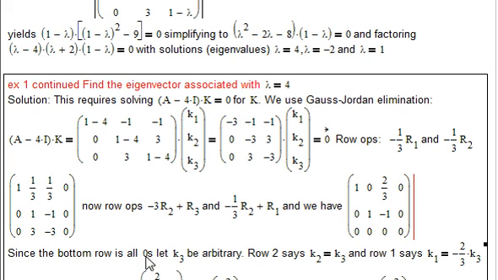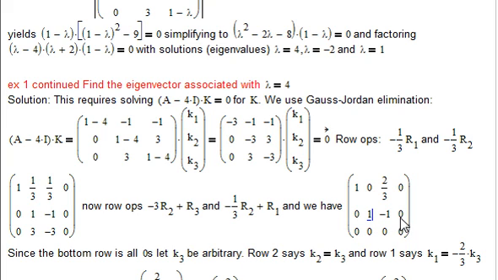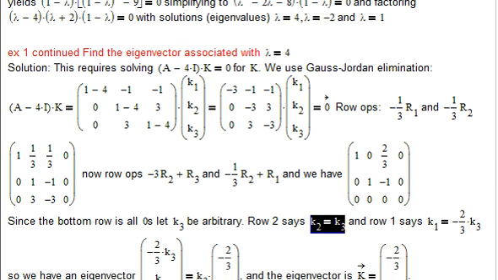So the bottom row is all zeros, and therefore if we let k3 be arbitrary, row 2 says that k2 minus k3 equals 0, so k2 equals k3. Row 1 says k1 plus 2/3 k3 equals 0, so k1 equals negative 2/3 k3.